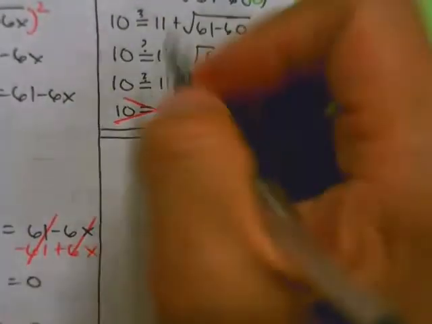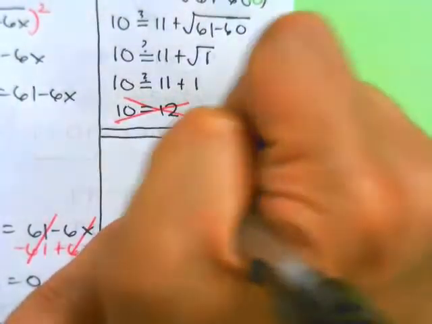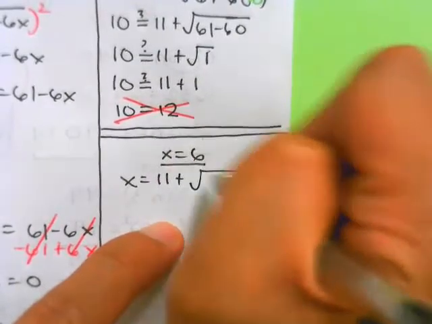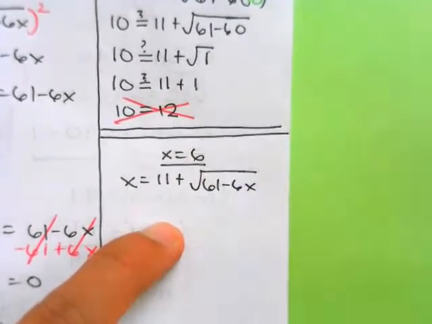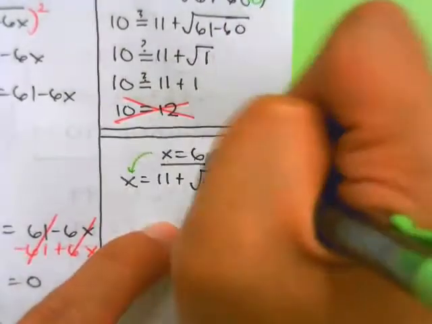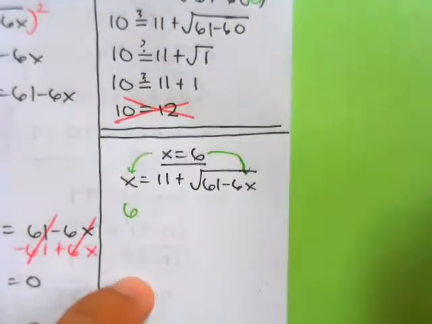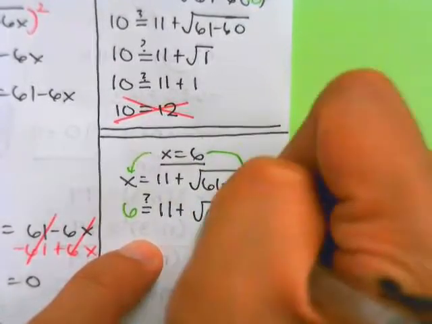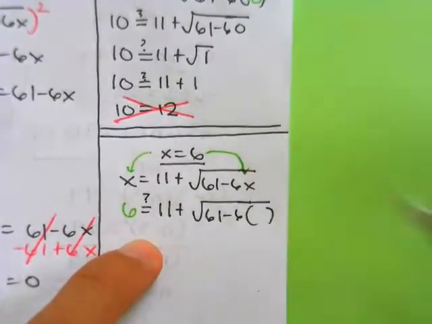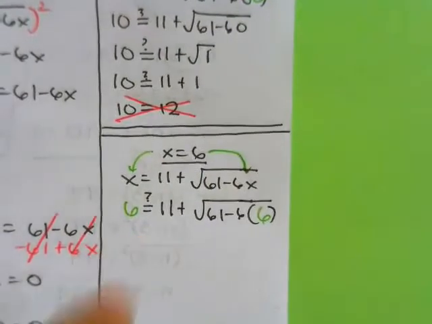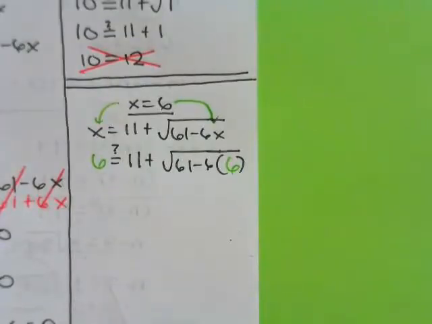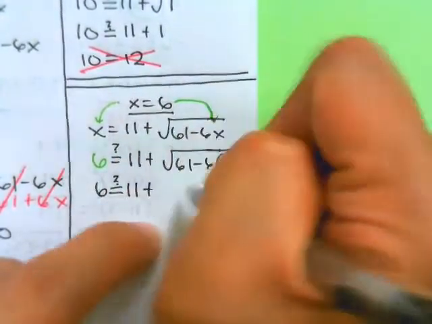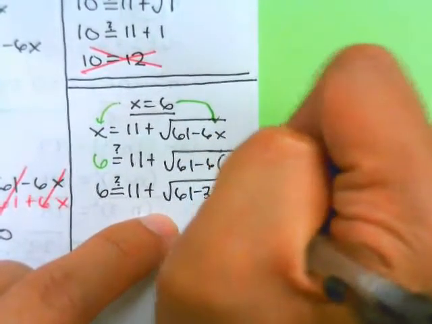Let's try 6 now. X equals 11 plus the square root of 61 minus 6x. Let's plug in the 6 over here. 6 equals 11 plus the square root of 61 minus 6 times 6. That's 36.